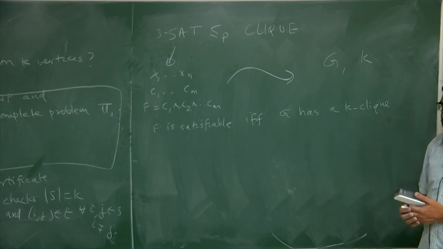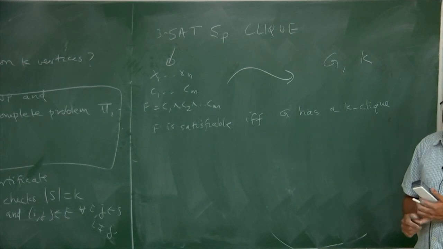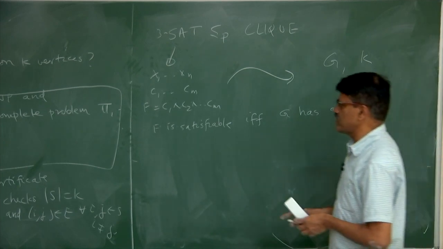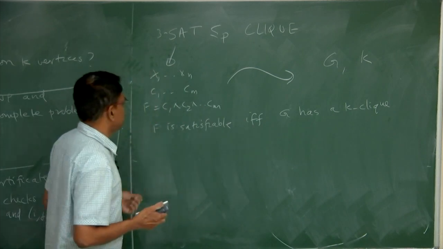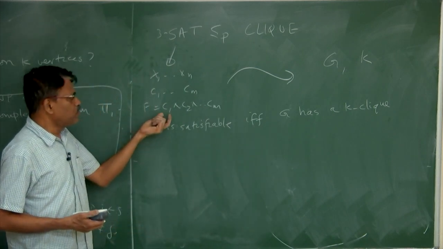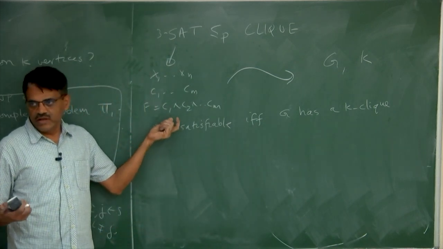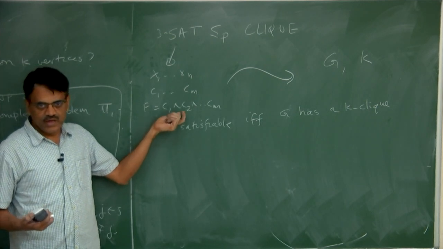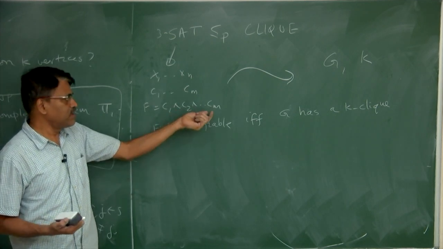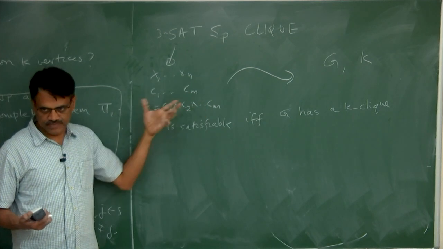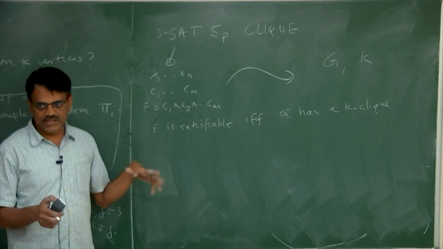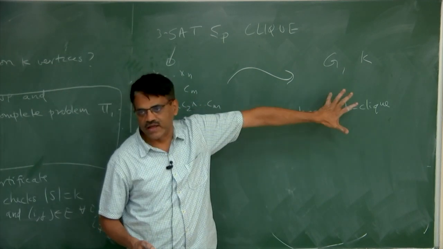So if you have a satisfying assignment, C1 is satisfied by somebody, C2 is satisfied by somebody, C3 is satisfied by somebody, and somebody is satisfying Cm. I want to collect these and somehow argue that they form a clique here.